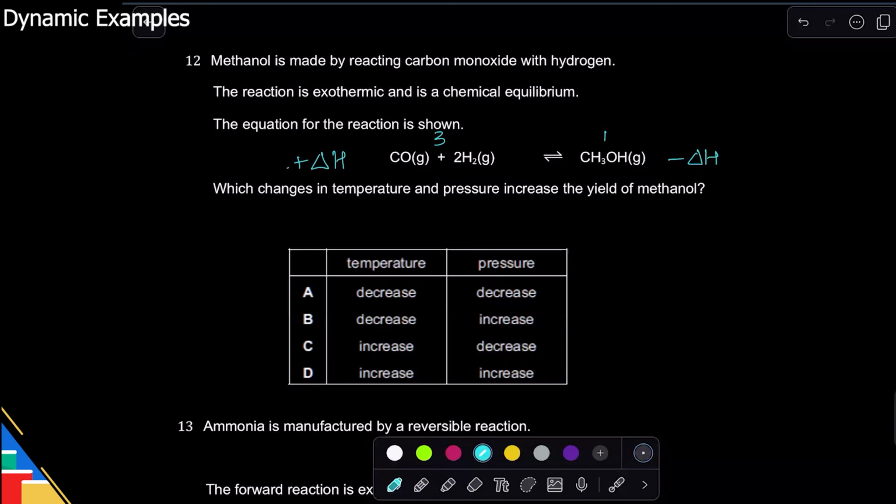If I increase the temperature, equilibrium goes to the left side. So I will decrease the temperature, so it goes to the right side. If I increase the pressure, equilibrium goes to the right side, because there are fewer gaseous moles there. If I decrease the pressure, it goes to the left side. So I have to increase the pressure. My bad. So B is my answer.